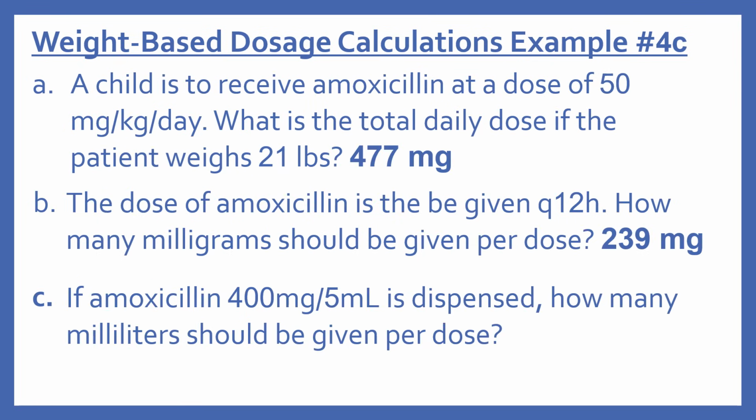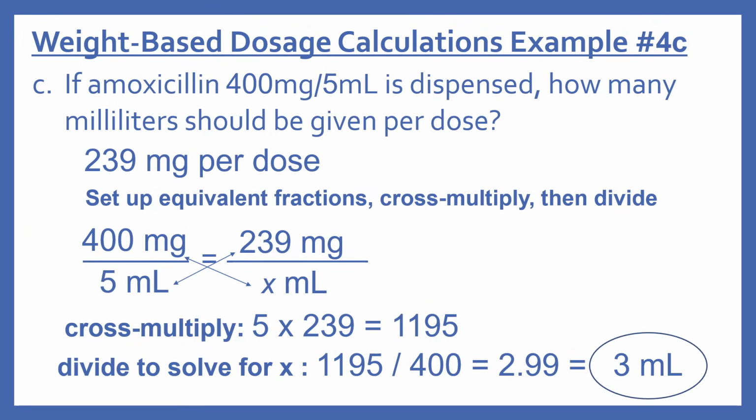So now we'll look at Part C. If amoxicillin 400 milligram per 5 milliliters is dispensed, how many milliliters should be given per dose? So this one, we know we need 239 milligrams per dose. So the way we'll do this is we're going to set up equivalent fractions, cross multiply, and then divide. So if there are 400 milligrams per 5 milliliters, we'll set that equal to 239 milligrams per X milliliters.